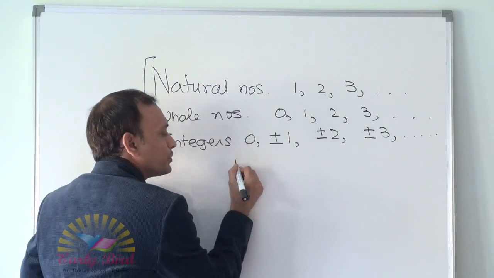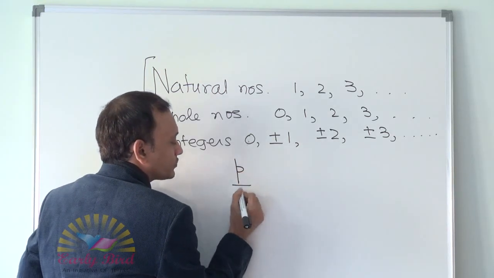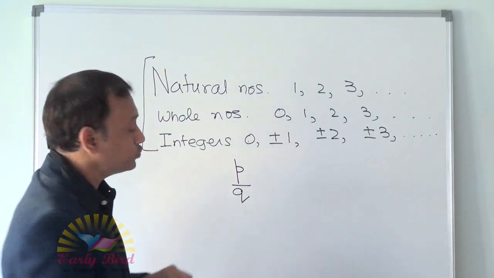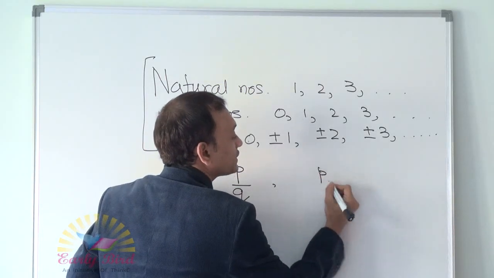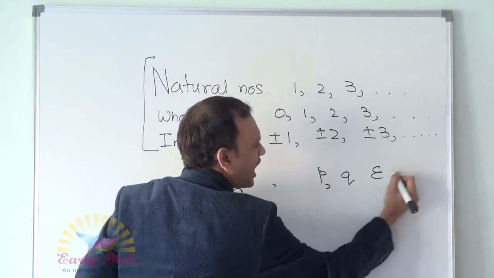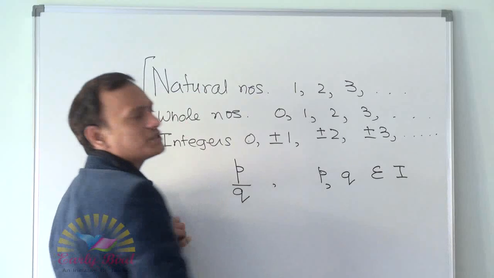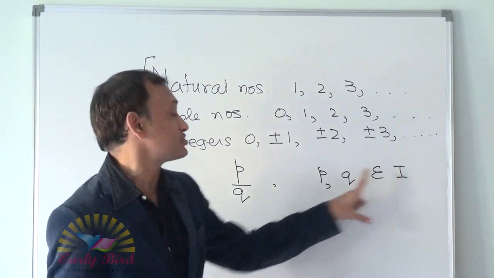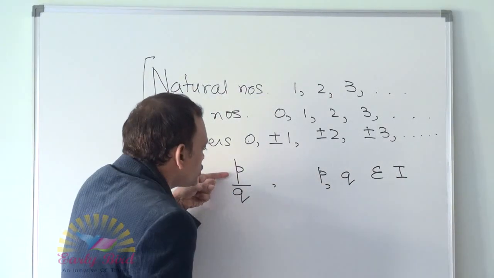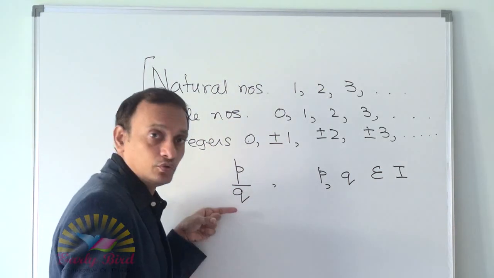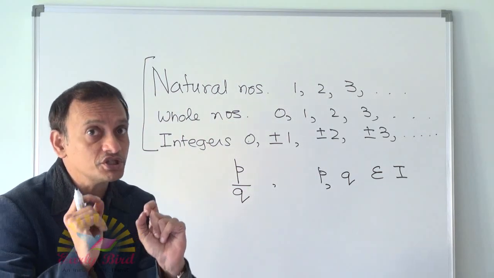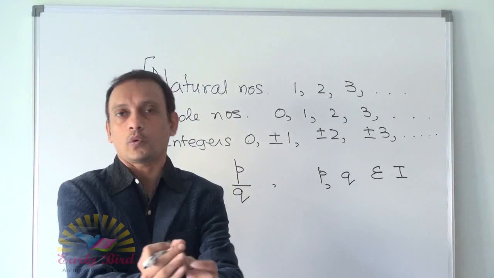numbers of the form p by q. Numbers of the form p by q, where p and q are integers. I denotes the set of integers. So then, the ratio of two integers, p and q, also required a name.